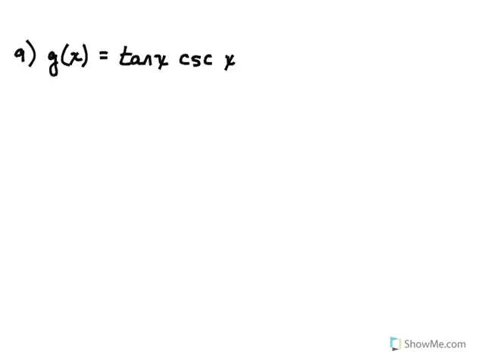Remember, tangent is sine over cosine. Cosecant is a reciprocal of sine. So if you're a little bit clever in terms of how we might rewrite this, we would have sine over cosine.